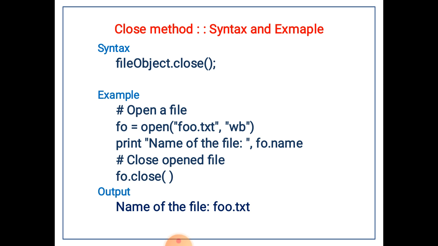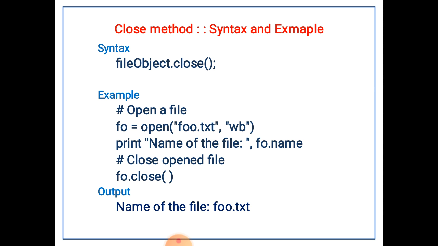Here we are using the file object close. You can see the syntax there, file object dot close. As seen in the previous example, we have opened a file named foo.txt in WB mode. WB mode is writing in binary mode.